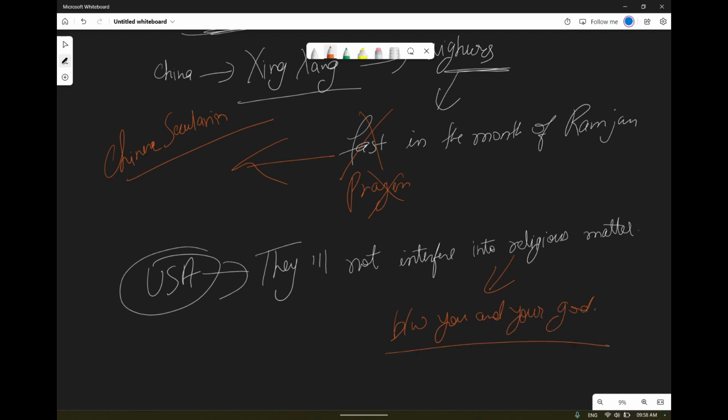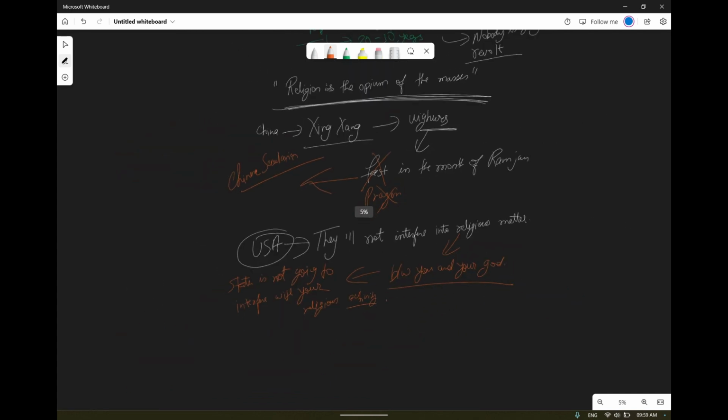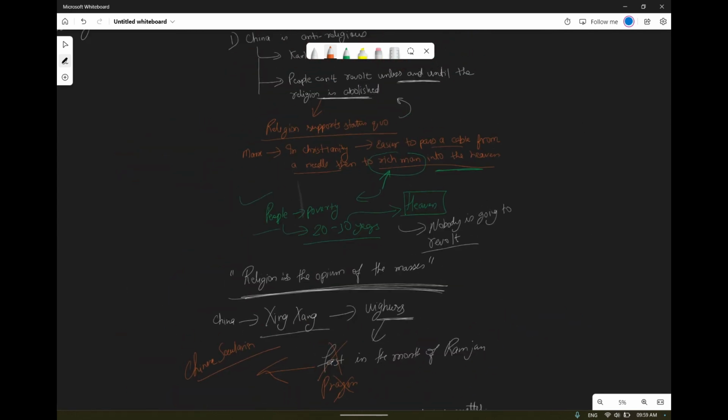This is a matter between you and your God. A state will never interfere with your religious activity.